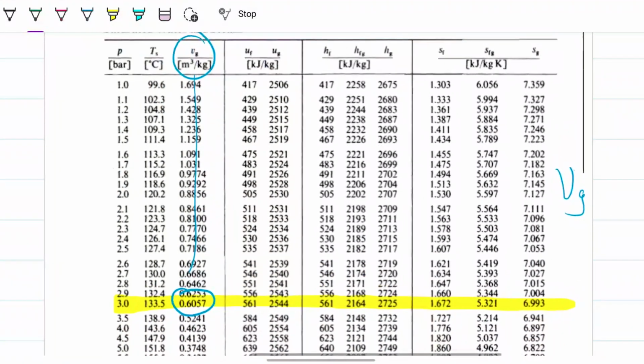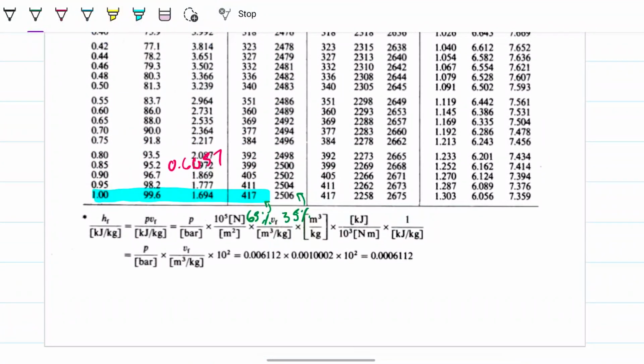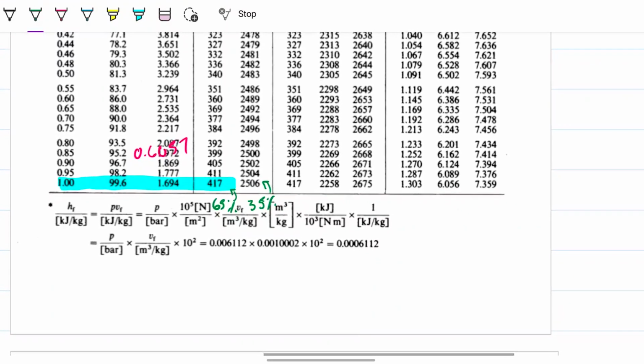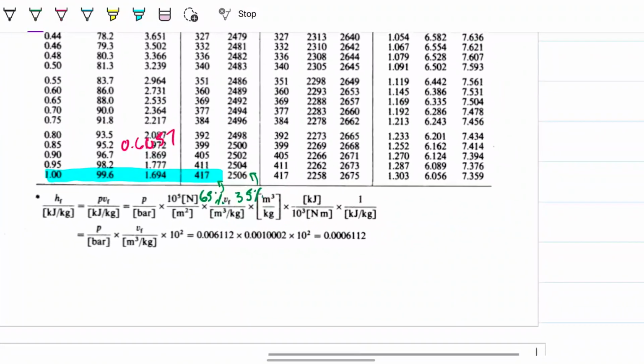Then for the first state, it's a saturated vapor, so we can grab 2544. Which table to use depends on your professor and what they ask you to do. I'm going to grab the values we've just discussed, and I'll use the other table just to make it simple on me.